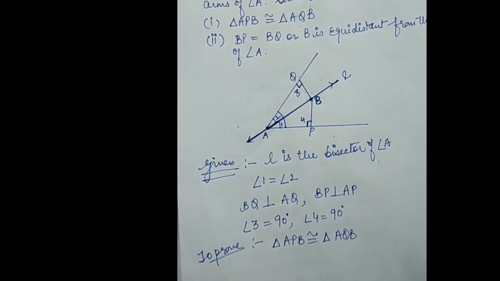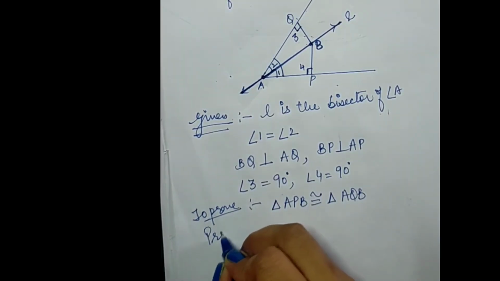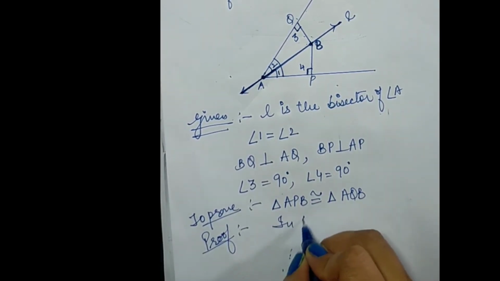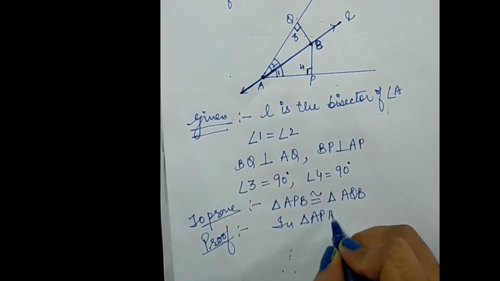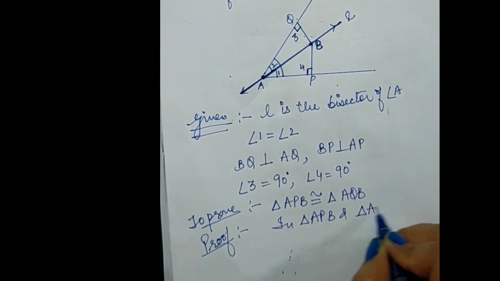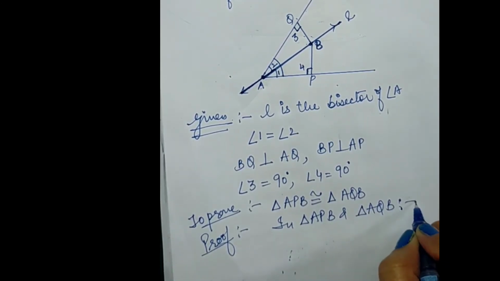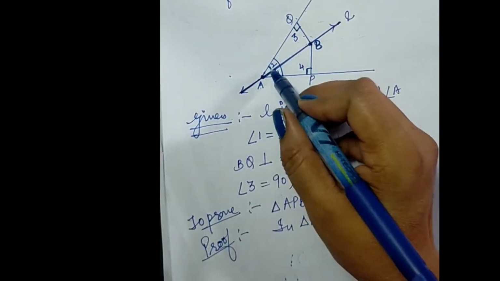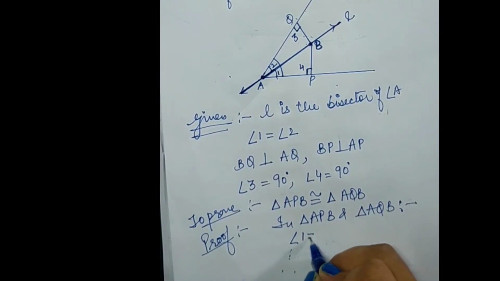So see how can we do this? Proof. In triangle APB and triangle AQB, angle 1 equal to angle 2 is already being given.